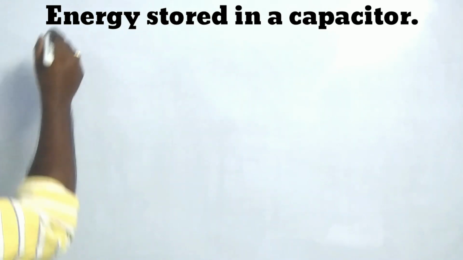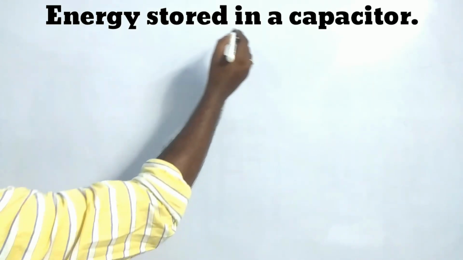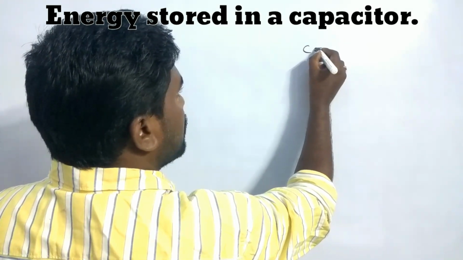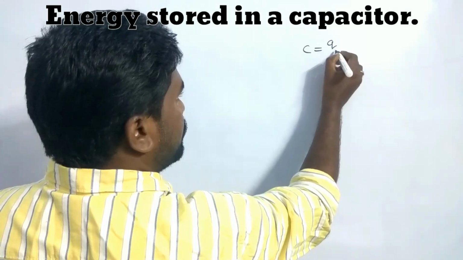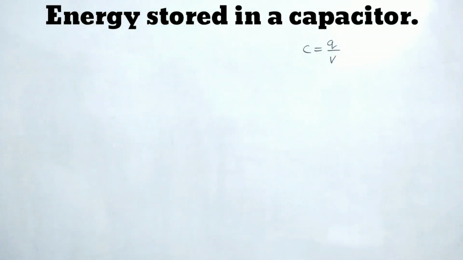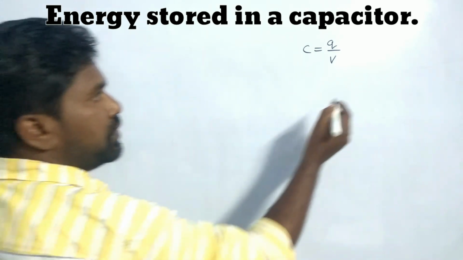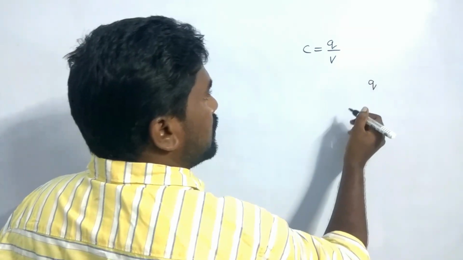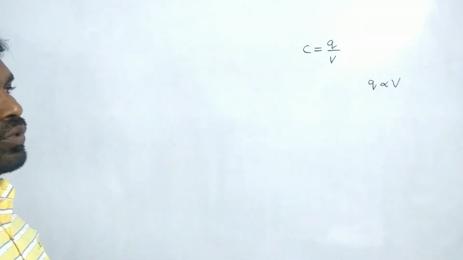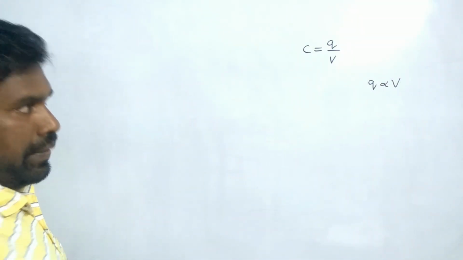Already you know that by the definition of capacitance, C is equal to Q by V. By increasing the charge on a capacitor, the potential also increases. Q is directly proportional to the potential of a capacitor.